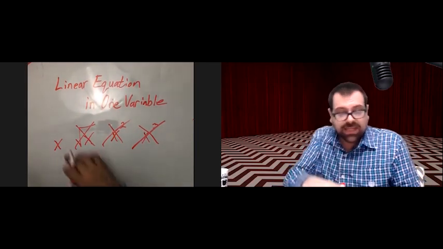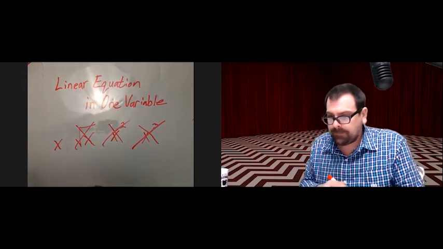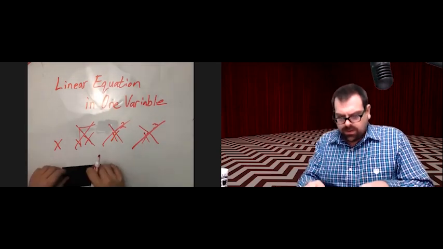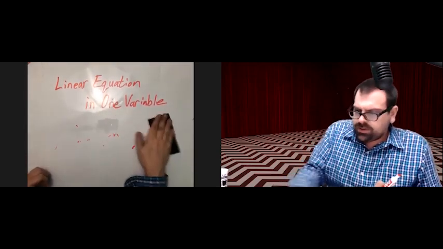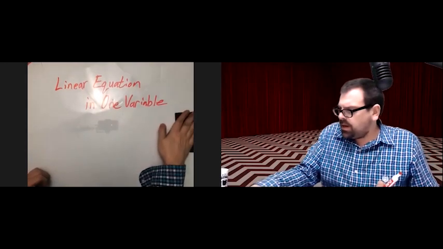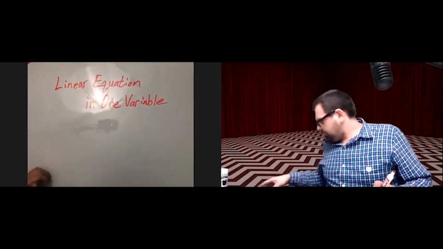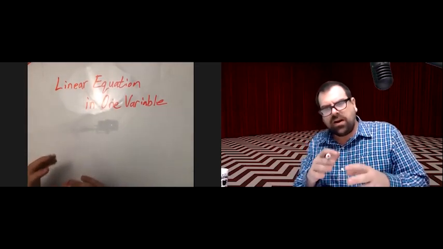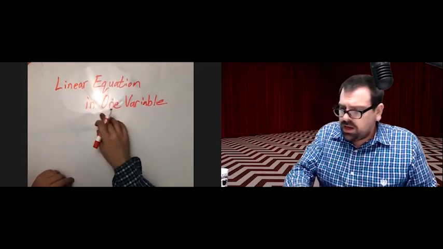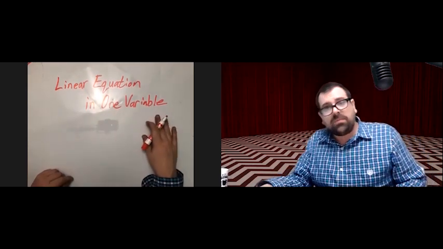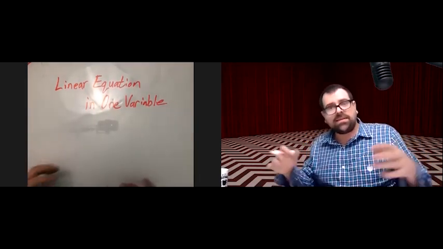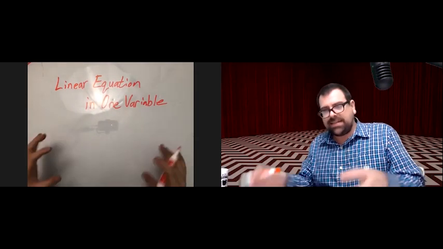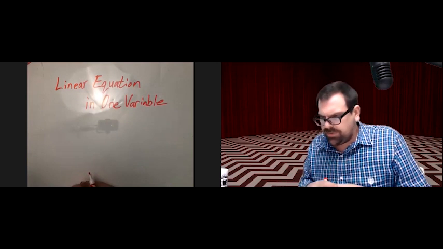We don't write the exponent of 1. So linear means line, means the variable is to only the first power. Linear equation in one variable means that if our variable is x, then we're only going to have x's. There won't be x's, y's, z's, all in the equation.